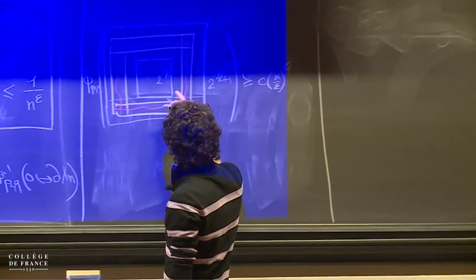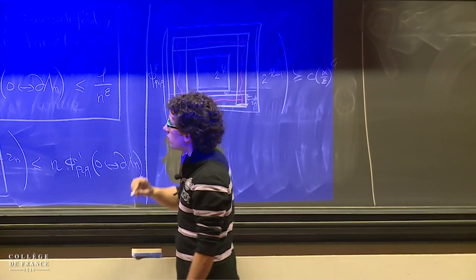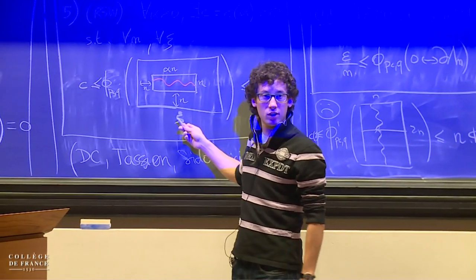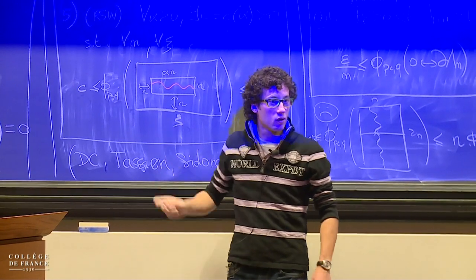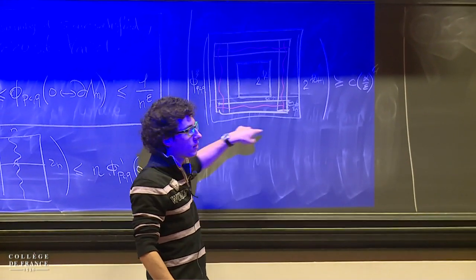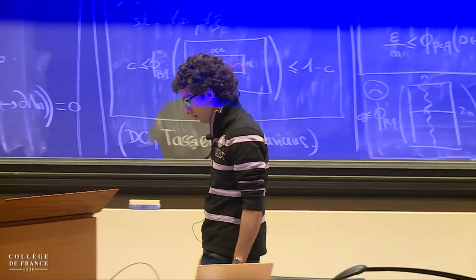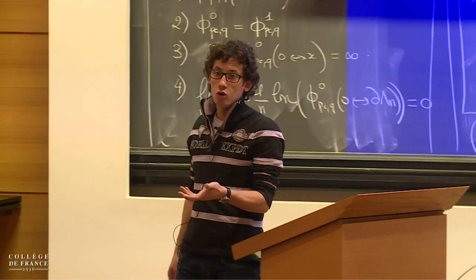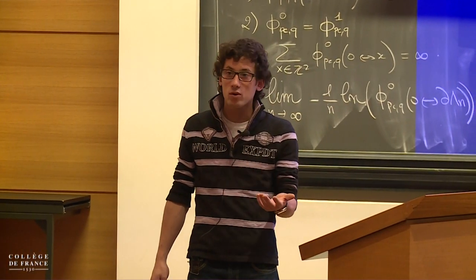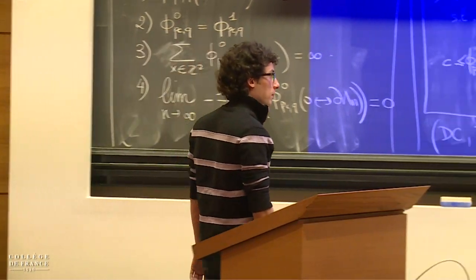But notice that I can put whatever boundary condition here or here, so whatever the boundary condition psi, I can find a circuit like that surrounding the inner box. And this is the same for the dual because, well, the dual model is also a random cluster model with parameter PC.